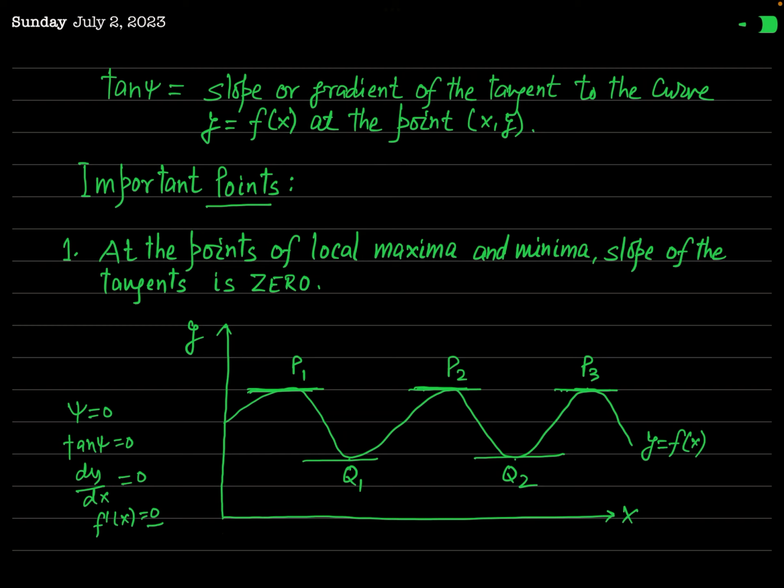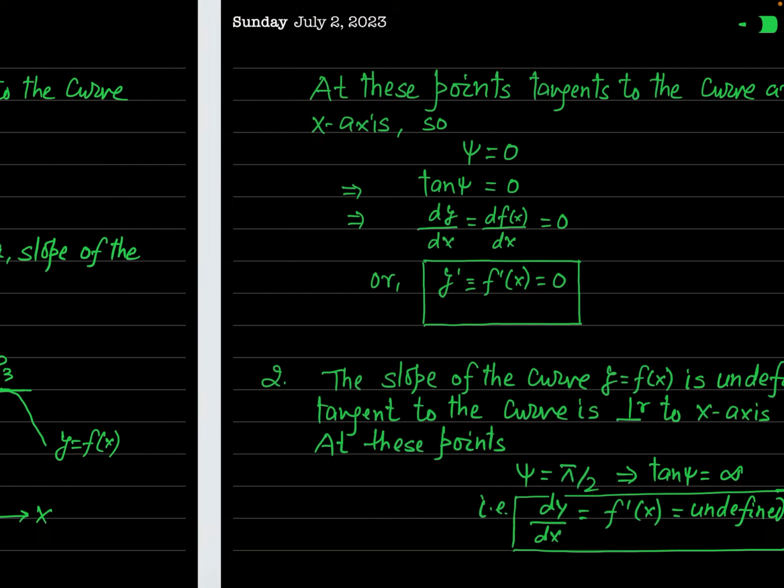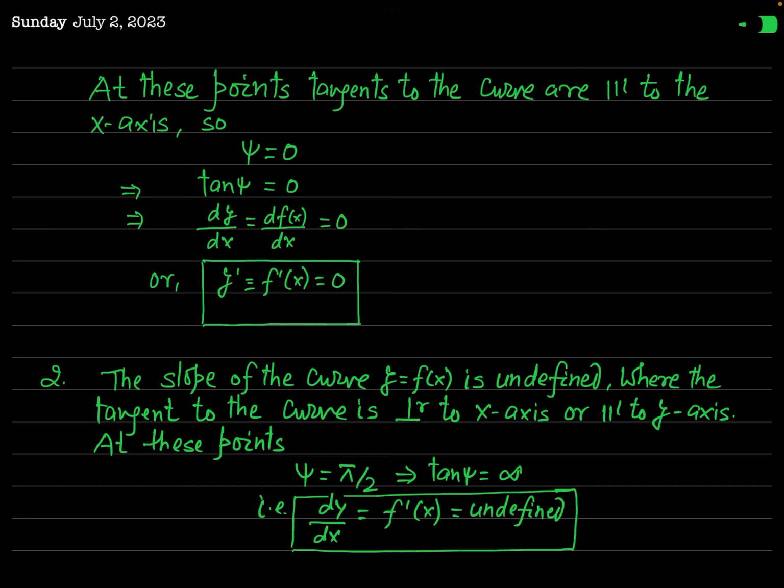And similarly you can also see that at the point of minima, again the tangents drawn are parallel to the x-axis, and as the tangents are parallel to the x-axis, again psi will be 0. So at the point of local minima the slope of the curve is also 0. Okay, so I have written it here.